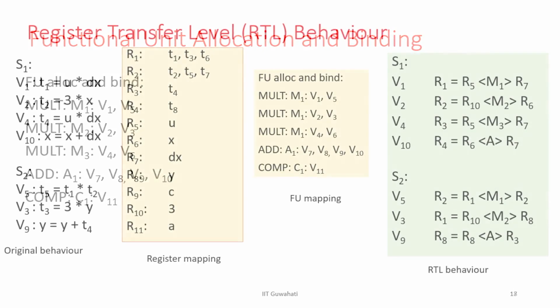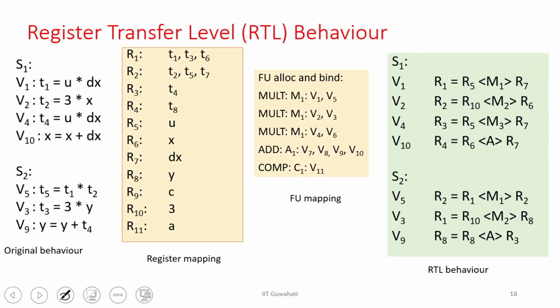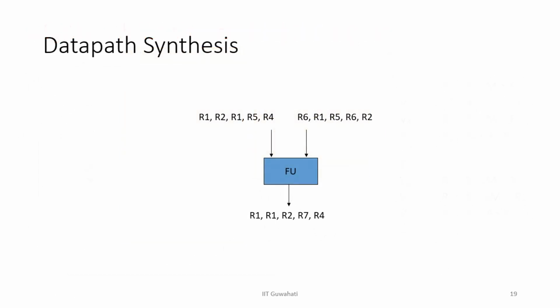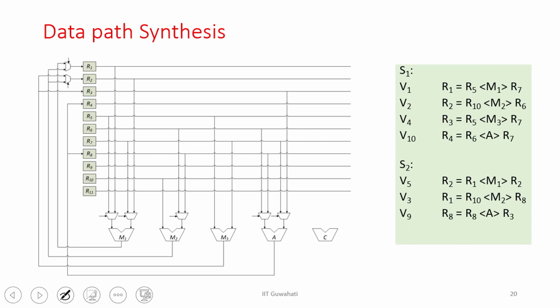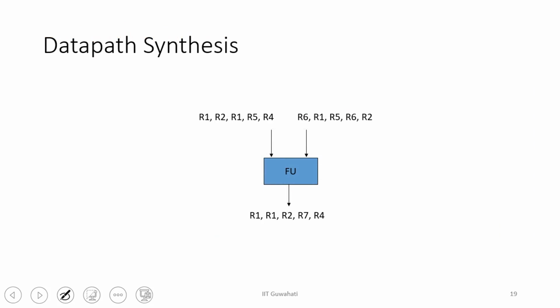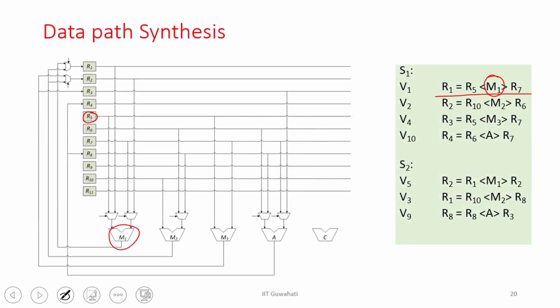Okay. And then what happens: these are the multipliers, these are the registers, and you have to make the connections. Effectively, you know that in clock 1 this operation is happening. So you have this multiplier 1, this is your R5 and this is your R7.